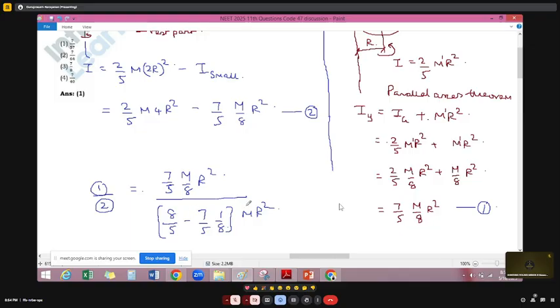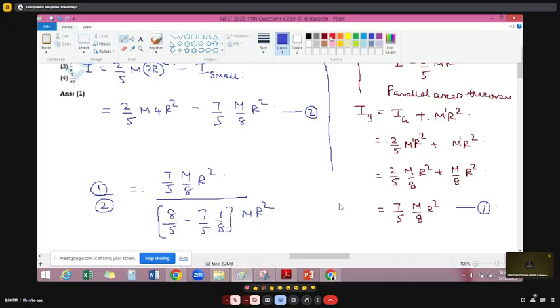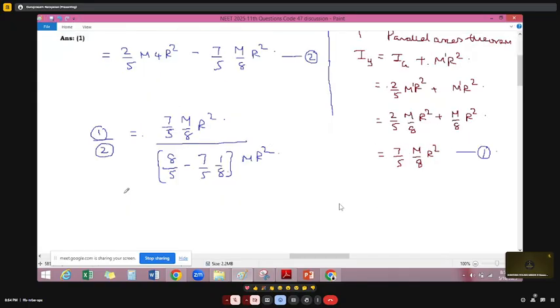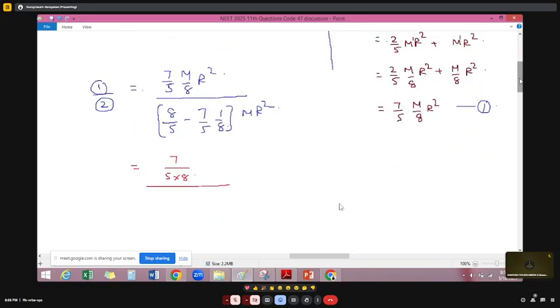So what is left is, can anyone quickly simplify this and tell me what you're getting? Do that quickly. 7 by 5. So 5 into 8 is the LCM, you can take it in the bottom, so that it will get cancelled out. And here I should multiply by 8, so 64 minus 7.